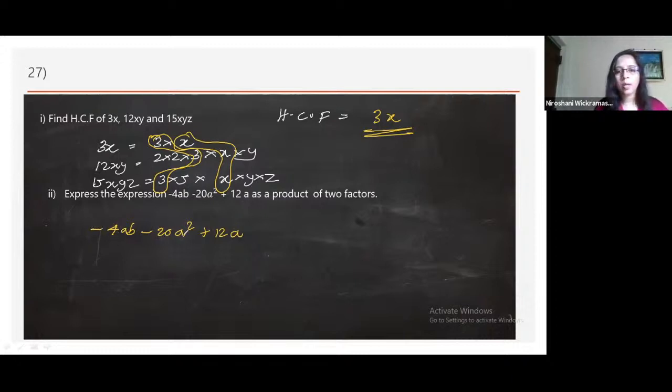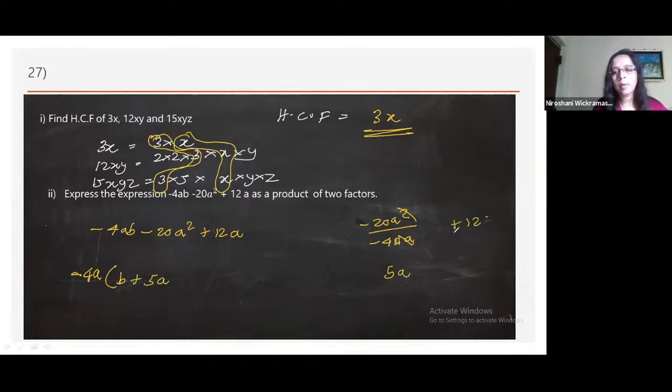If I take minus 4a out, remaining is b. Then minus 20a squared divided by minus 4a means 5a remaining.